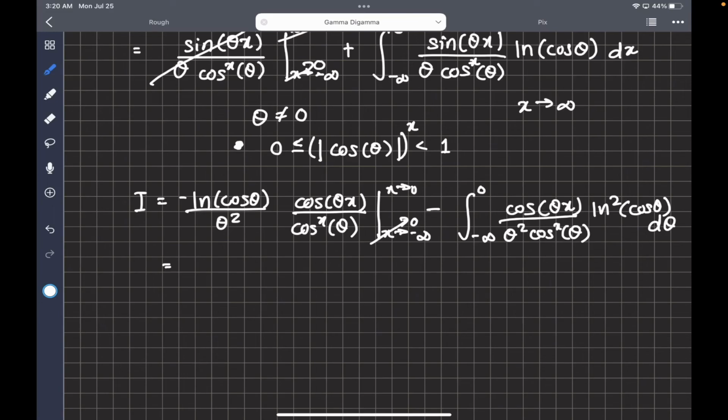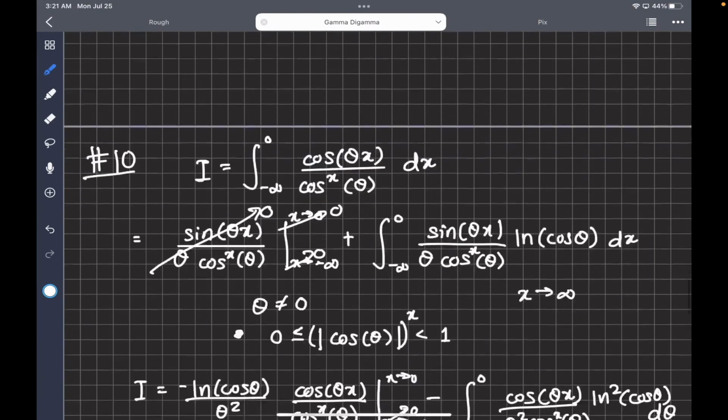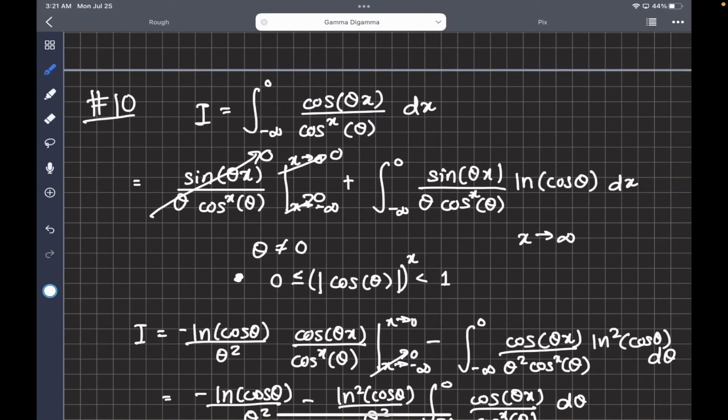Anything to the 0th power is 1. Cosine of theta times 0 is also 1. So we have minus natural log of cosine theta divided by theta squared minus, well, the natural log squared of cosine theta comes out along with the theta squared, and then what will remain is cosine theta x divided by cosine to the x of theta, which is basically the integral we started with. It's just this integral right here.